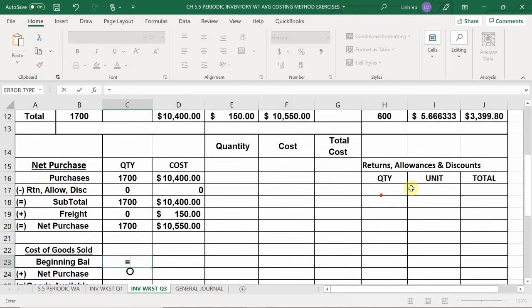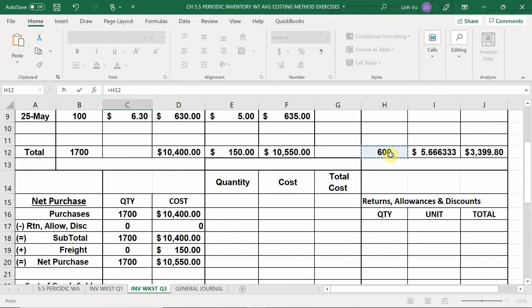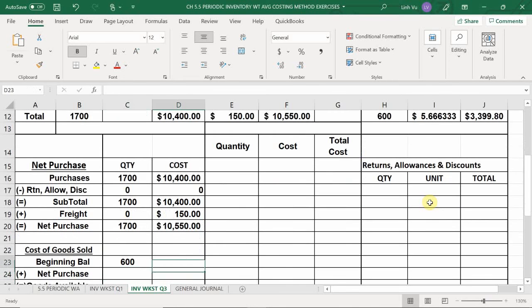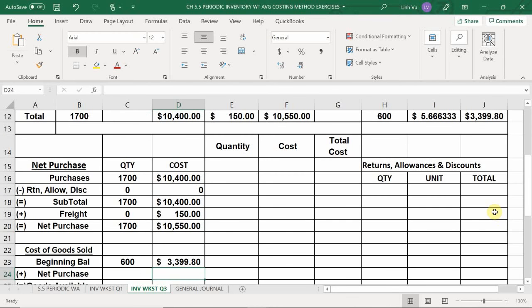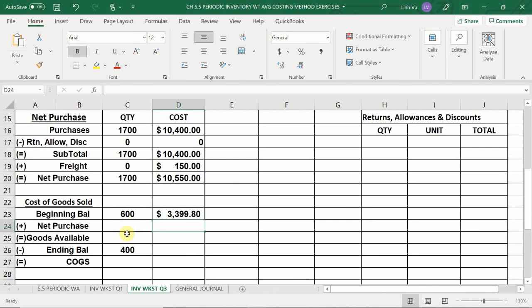Now in this case, we do have a beginning balance. It is going to be the 600 units that we carried over from our previous inventory, right? For the $3,399.80. Okay.